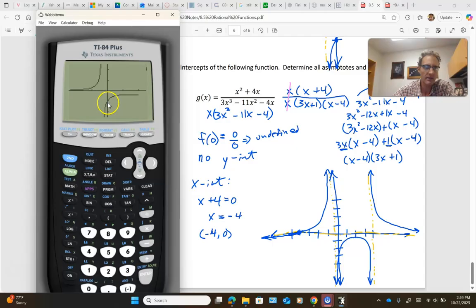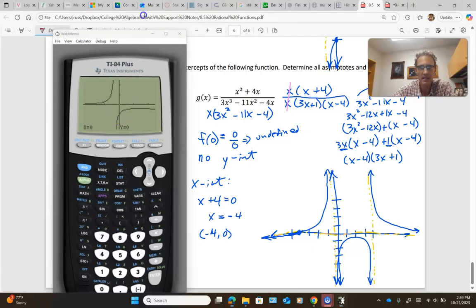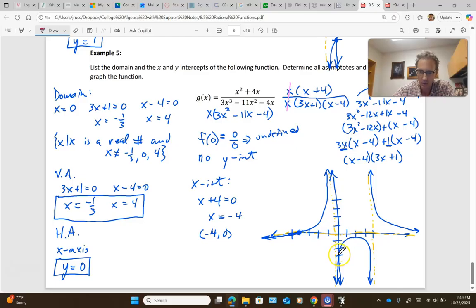So see right there, it looks like it's crossing the y-axis. So why isn't there a y-intercept? Well, because 0 is not in the domain of this function. So there's actually a hole right there where the function would have crossed the y-axis.